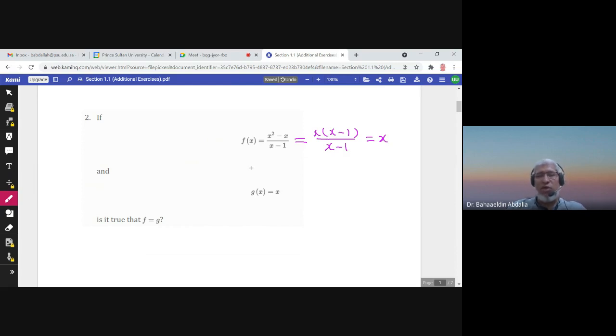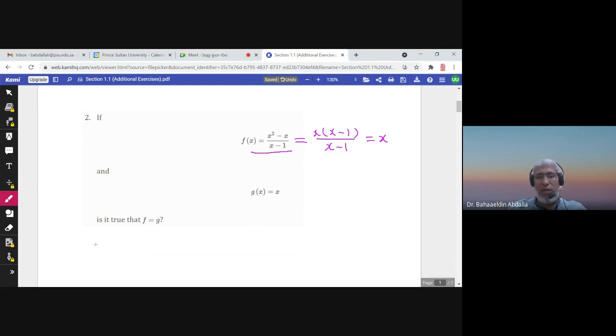So the question remains, is f equals g? Well, now they are the same. F of x is x, g of x is x, but f of x wasn't x from the beginning. It is x squared minus x over x minus 1.